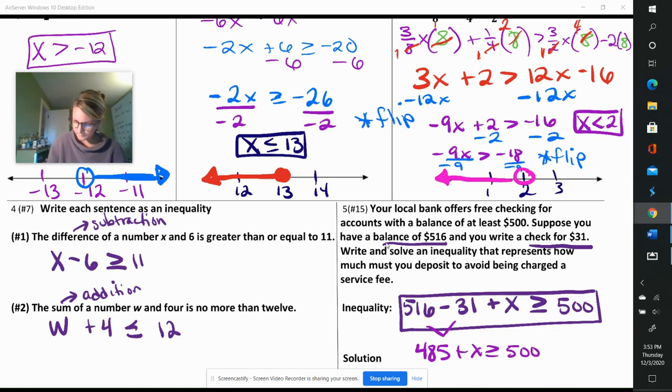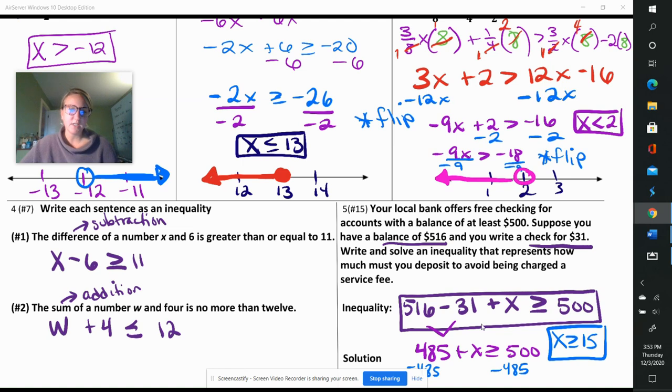And to solve, we'll subtract 485. So we need to deposit or add at least $15 to avoid being charged that service fee.